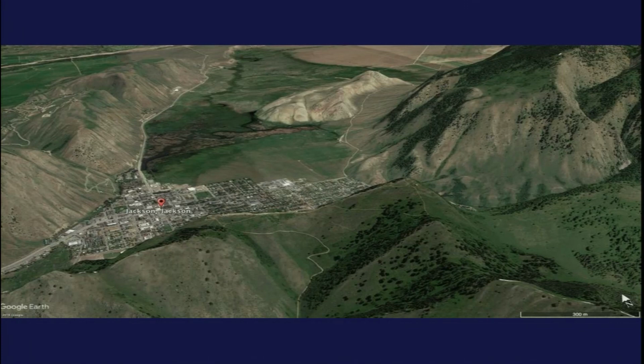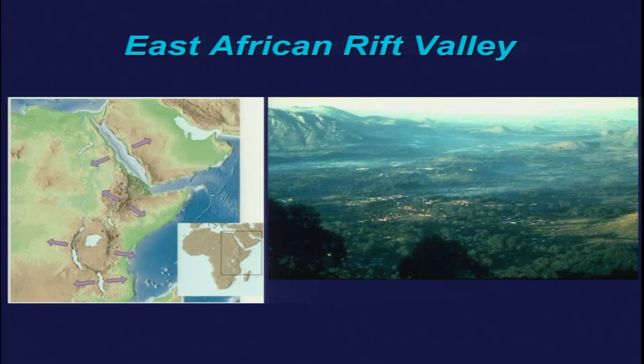Another picture of the same area, we have the horst here, and then you have the graben which is sitting over here. Example from the East African rift valley. So this portion that we were showing the movie from the news explained that there is an extensional crack which has developed.